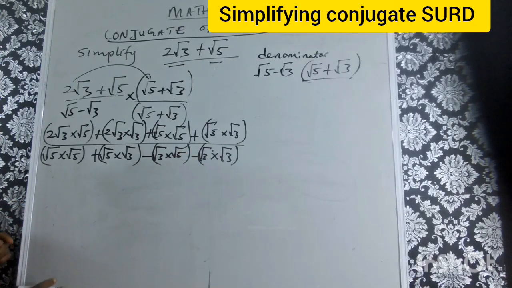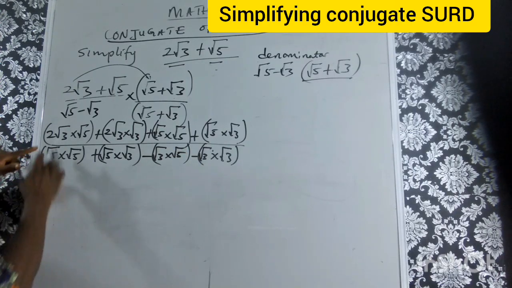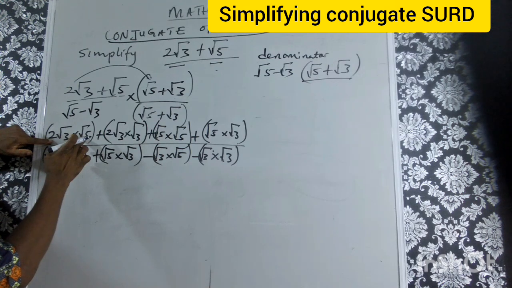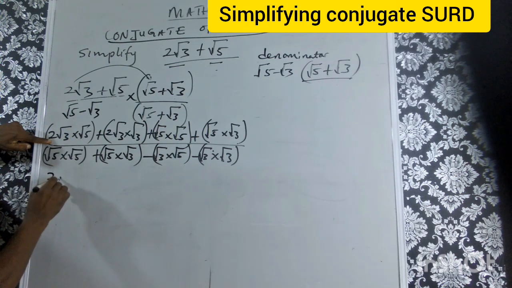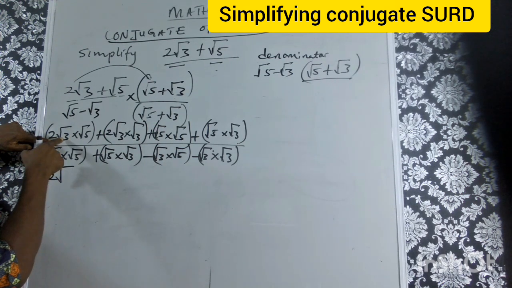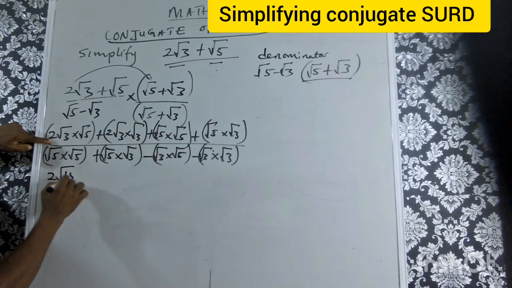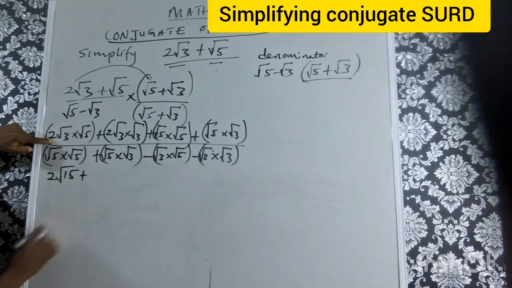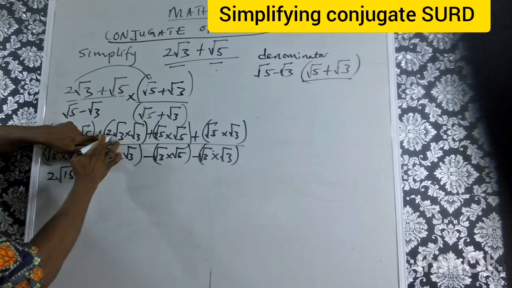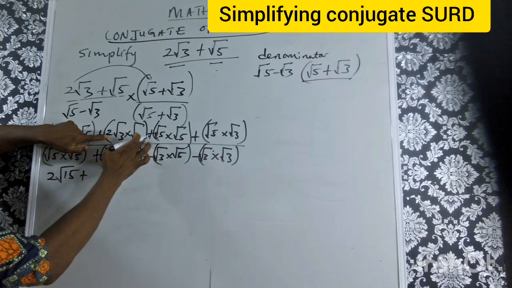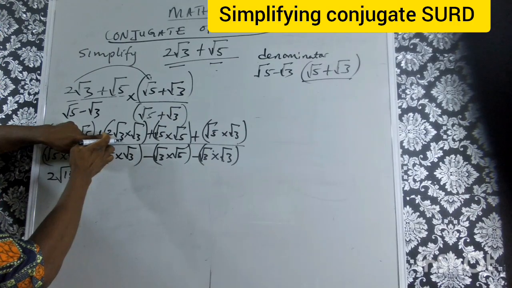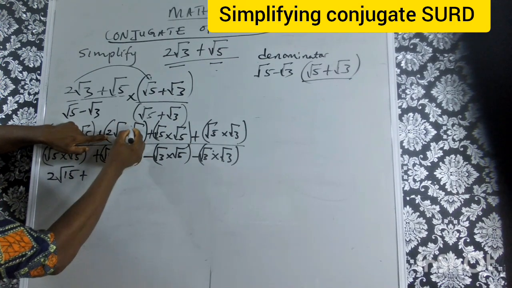Now we can carry it out. How do we carry it out? 2 root 3 times root 5 will give us, of course, 3 times 5 is square root of 15, plus 2 root 3 times root 3. Because this one has root 3 here, it is assumed that this one has 1.